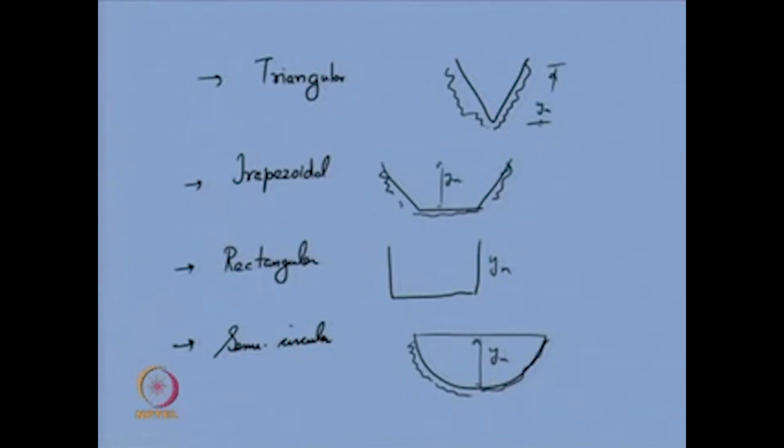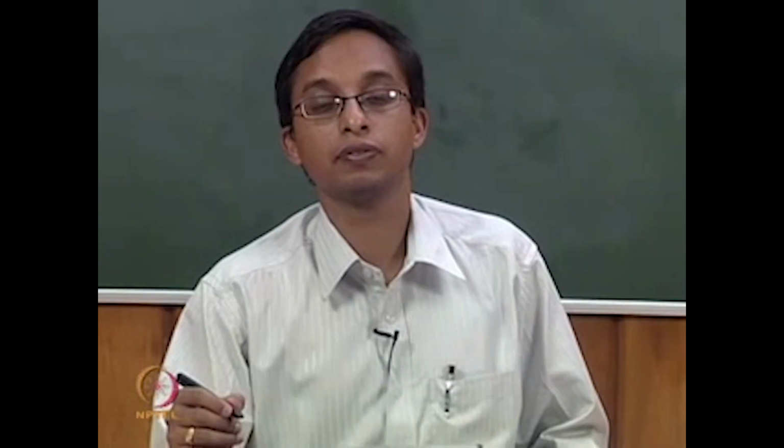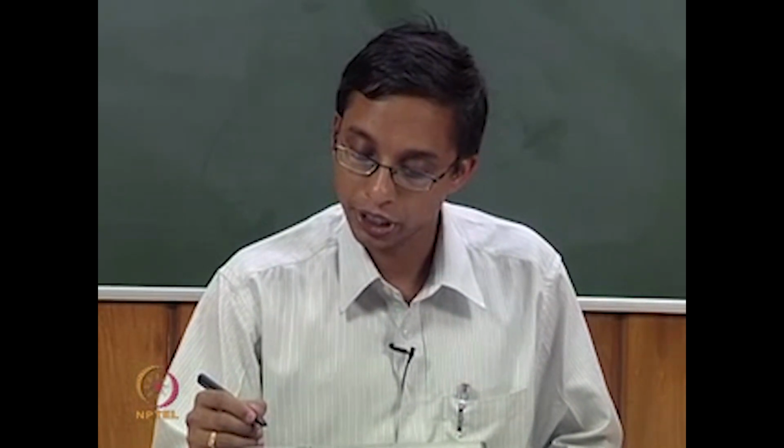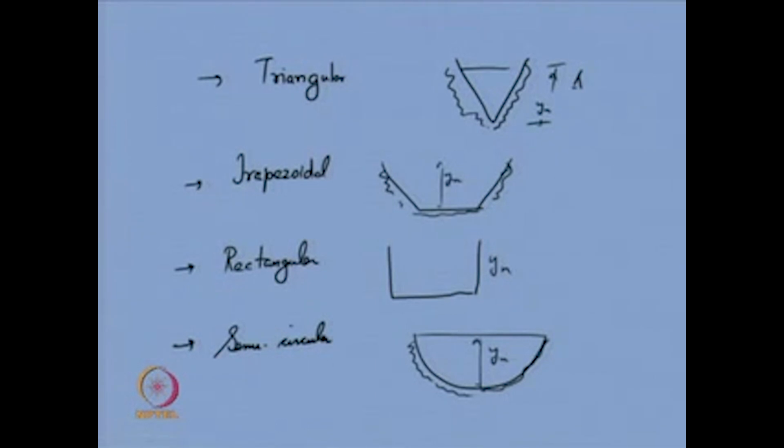Now, you know that for such triangular channels, we have seen earlier in various parts of the course, if the side slope is 1:b, then the area is A equal to b y square, and your wetted perimeter P is equal to 2y root of 1 plus b square.